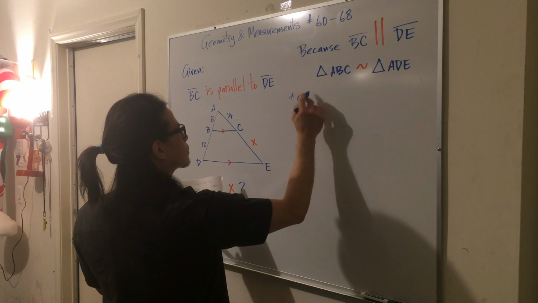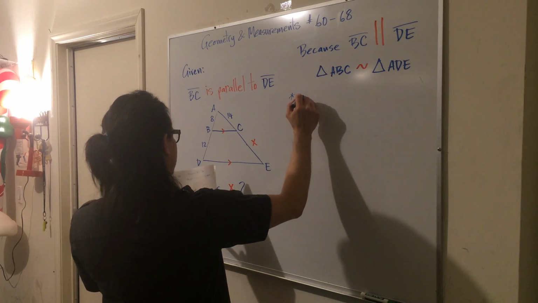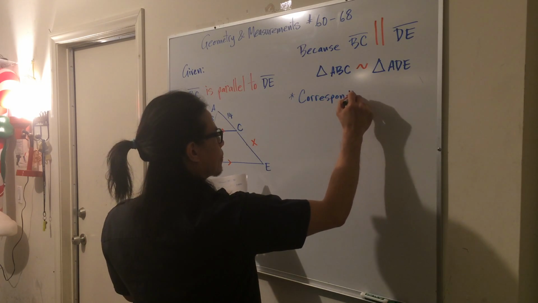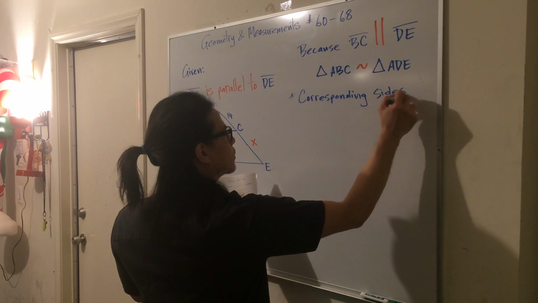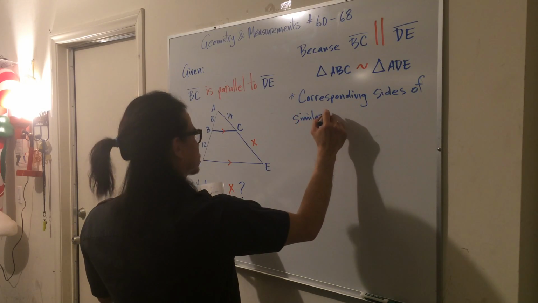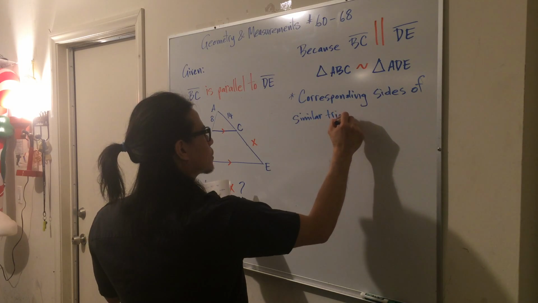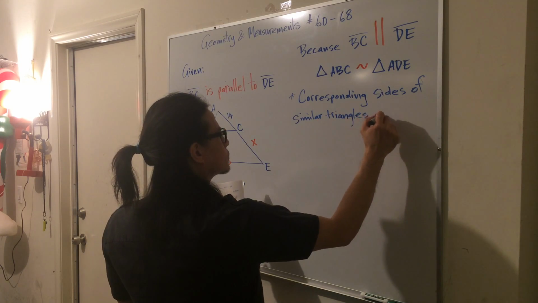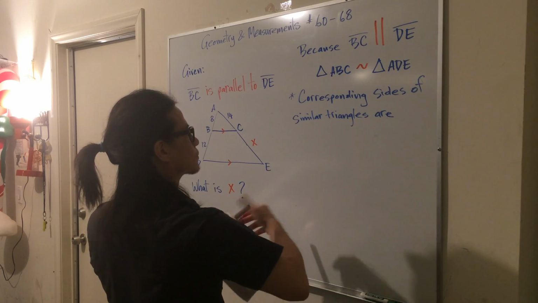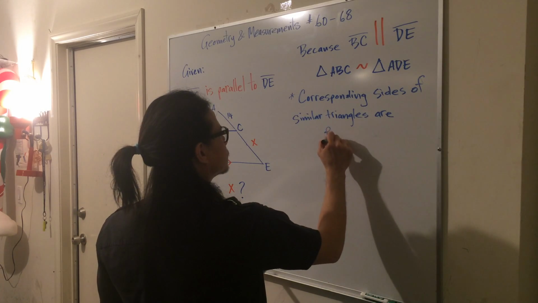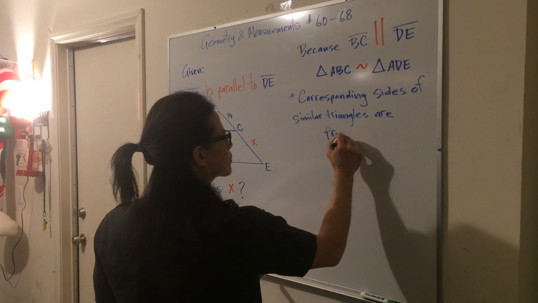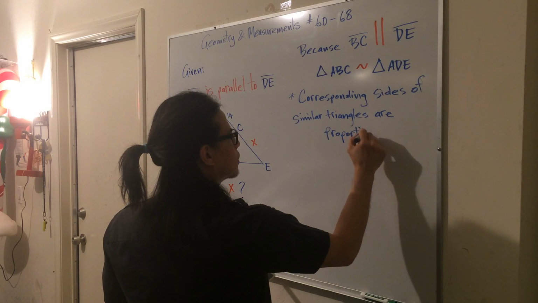Now, because of those two facts there, we can say that corresponding sides of similar triangles are proportional. And this is a key to this problem, to realize that the sides of similar triangles are proportional.